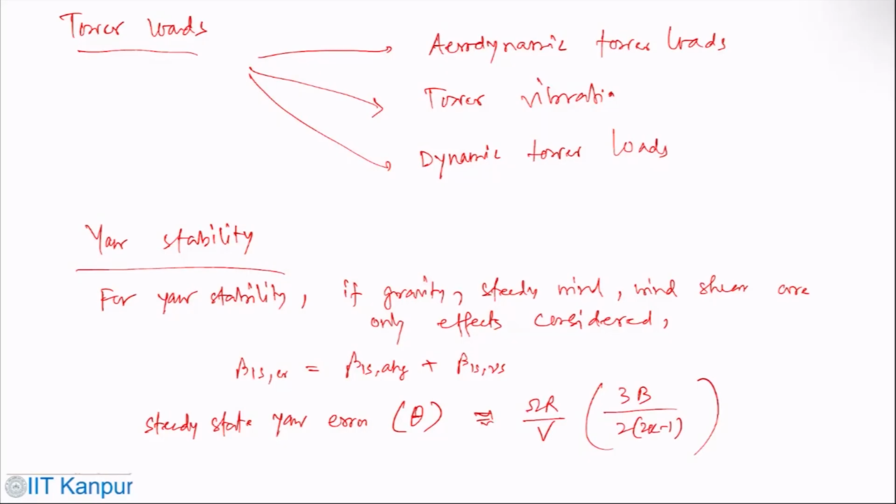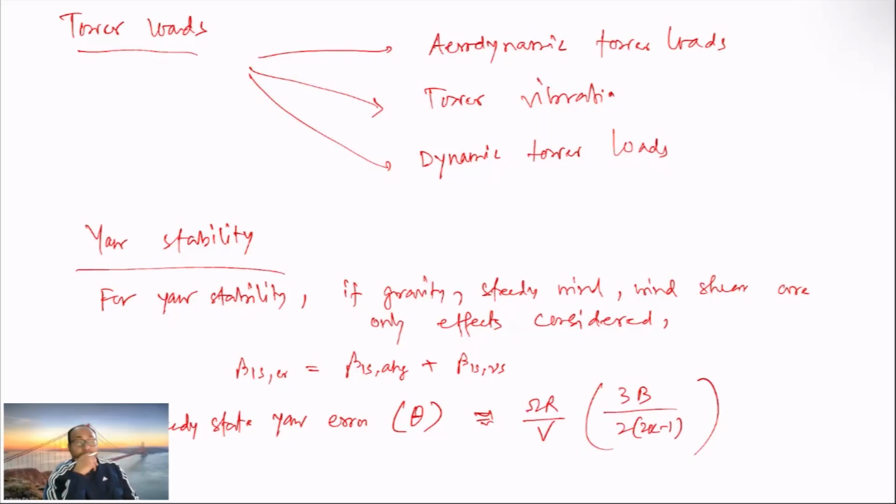So the steady state yaw error, in the absence of vertical wind shear, is greater at faster rotor speed and for softer rotors, which means smaller k. If you see this expression, the vertical wind shear would increase the steady state yaw error even more. Obviously, one needs to carry out a thorough analysis of these terms.